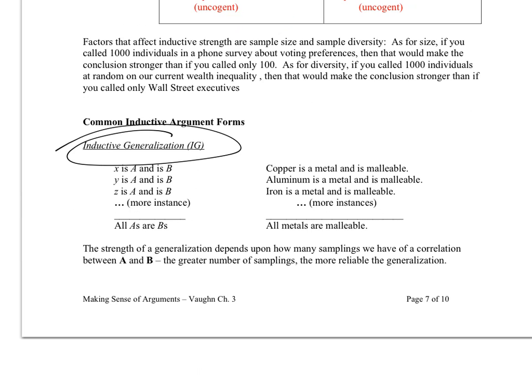This illustration shows how we can come up with a universal claim, namely that all metals are malleable, on the basis of observing certain metals, like copper, aluminum, iron, gold, silver, etc., where each of them is a metal and each of them is malleable, giving us a good piece of evidence that the generalization, all metals are malleable, is fairly reliable.